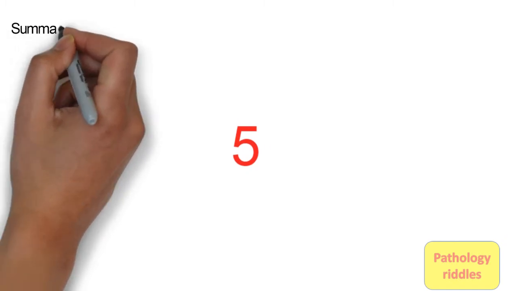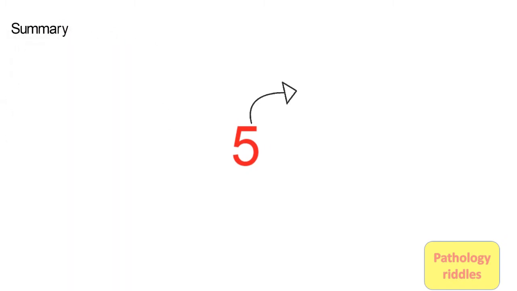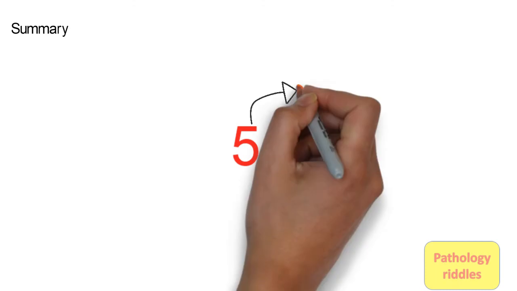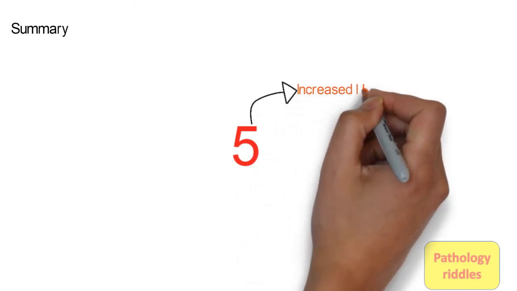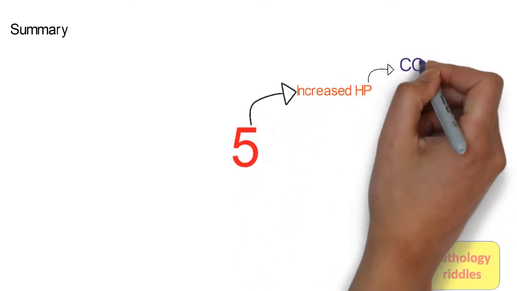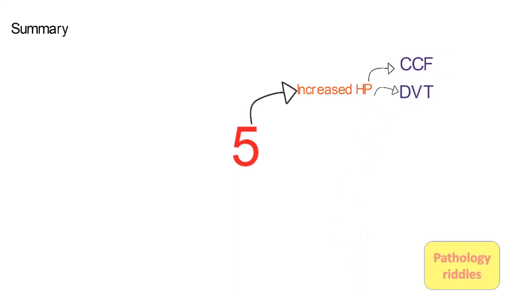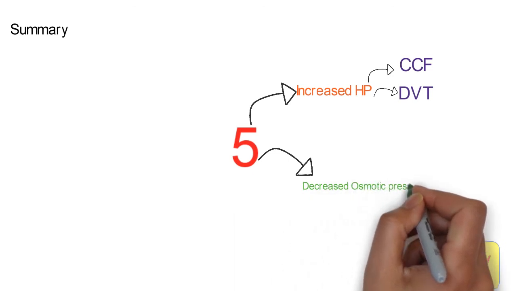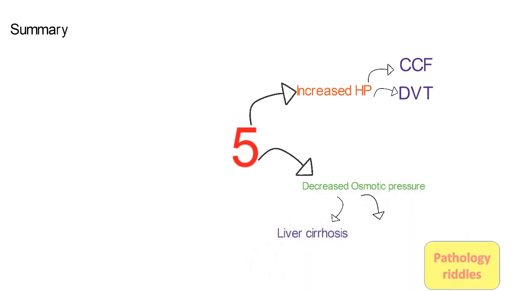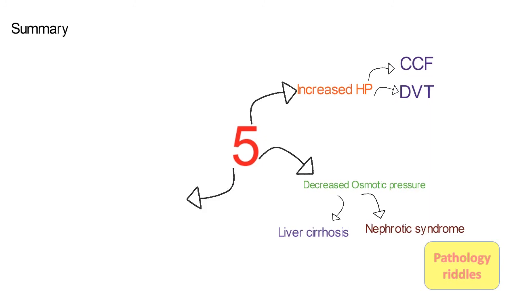So we spoke about 5 mechanisms causing edema. To summarize, 1. Increased hydrostatic pressure, for example, congestive cardiac failure, deep vein thrombosis. 2. Decreased plasma osmotic pressure, for example, liver cirrhosis, nephrotic syndrome. 3.